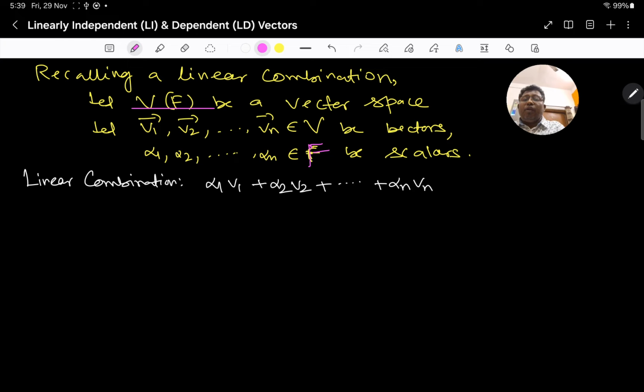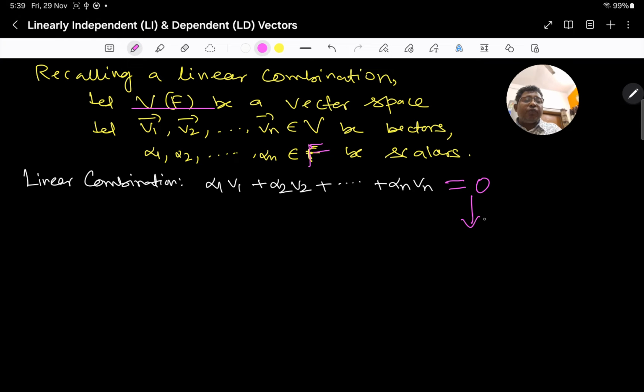Now the linear combination is the scalar alpha 1 into v1 plus alpha 2 into v2 plus dot dot dot alpha n into vn. Now we equate it to 0 and try to solve it.